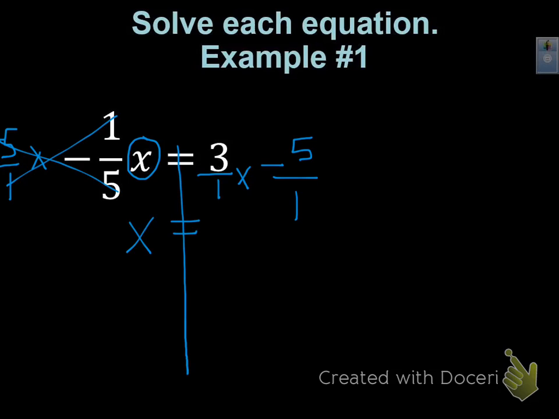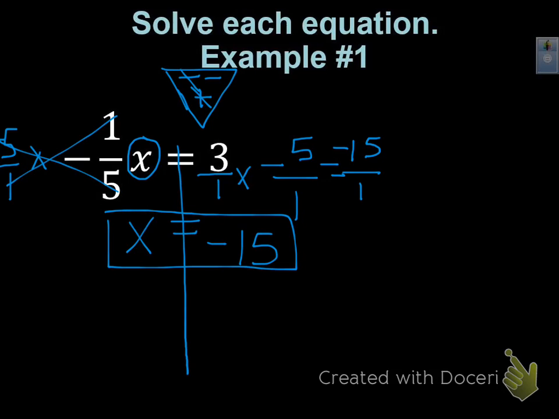I will put a 1 underneath the 3 and then multiply straight across. 5 times 3 is 15. 1 times 1 is 1. Again, negative times positive gives me a negative 15 over 1 as my answer, which would be the same as negative 15.